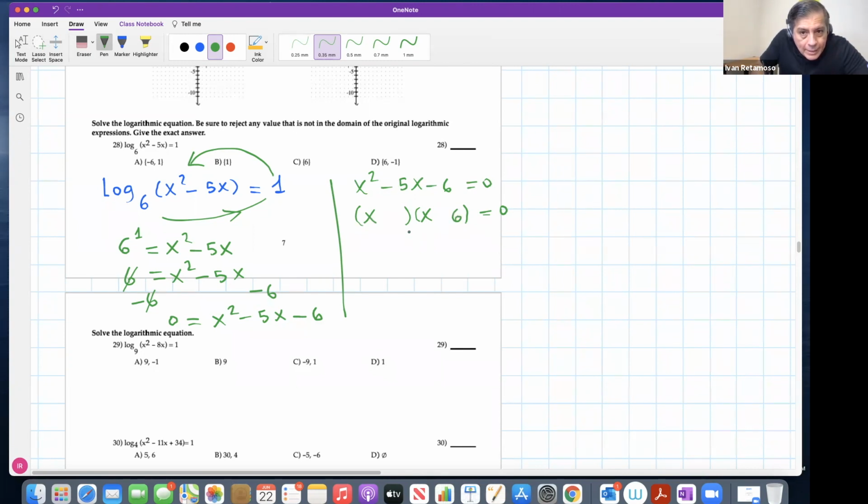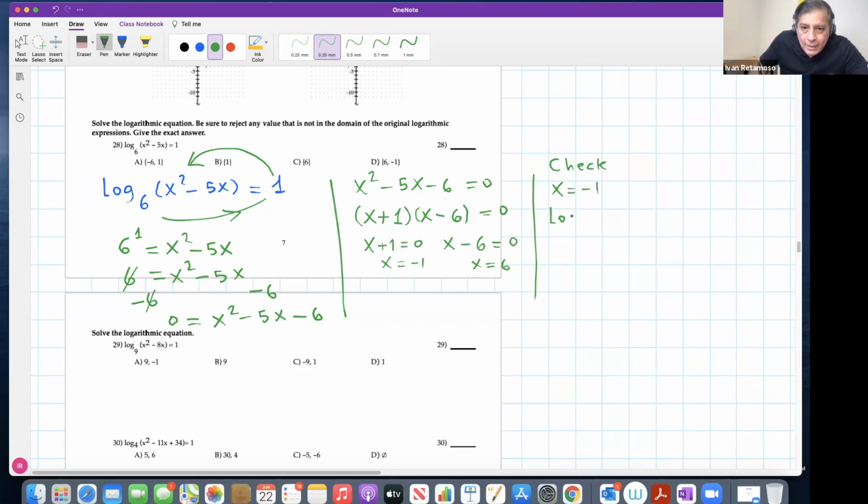After some trial and error, those numbers are 6 and 1, the 6 negative and the 1 positive. From here, we've done this before, I get x equals -1, the first candidate for my solutions. Another candidate is x equals 6. Two candidates. But since we are dealing with logarithmic equations, we must check our solutions. So start with x equals -1.